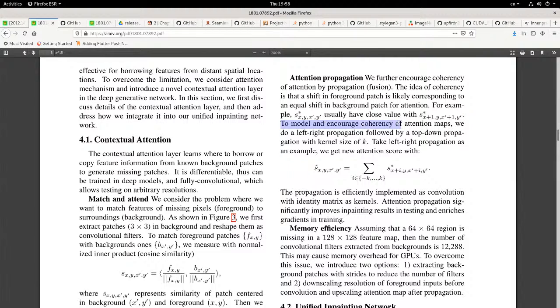To model and encode coherency of attention maps, we do a left-right propagation followed by a top-down propagation of kernel size k. Take right-left propagation as an example. We get new attention score with... Who wrote this section?